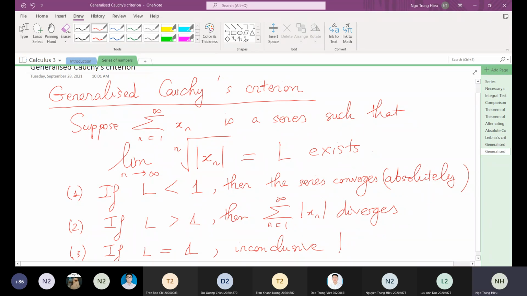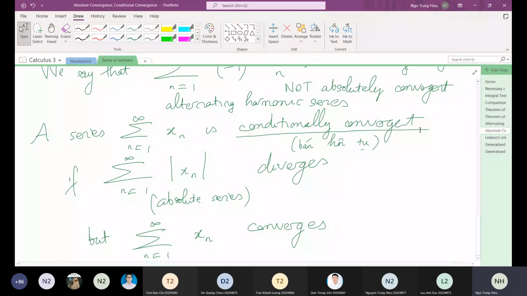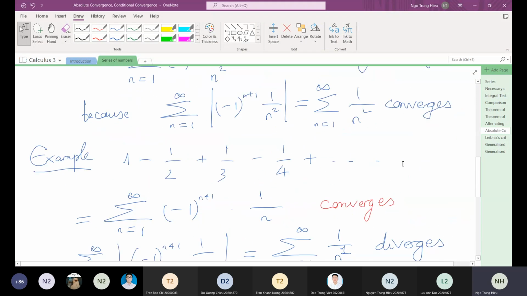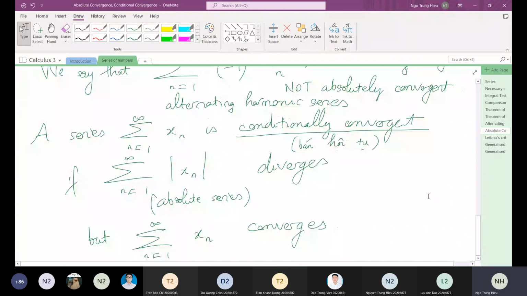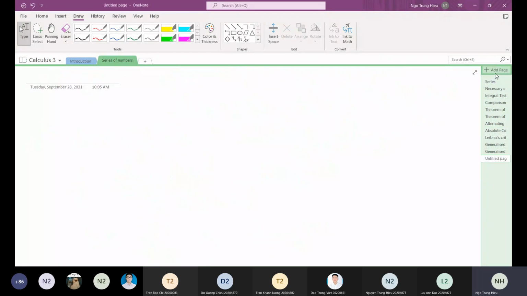And in the absolutely convergent case, we have a very interesting theorem of Dirichlet about the rearrangement of series.